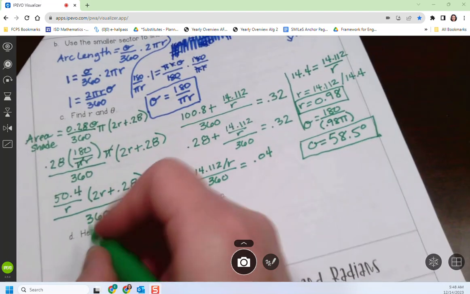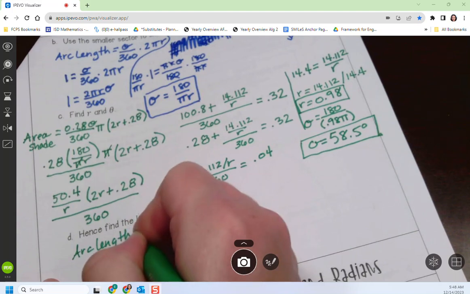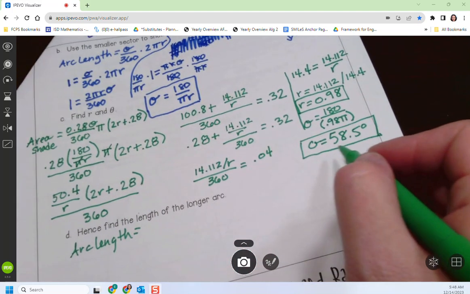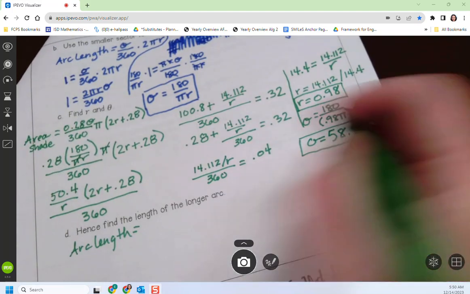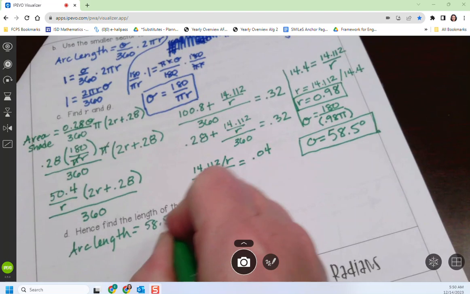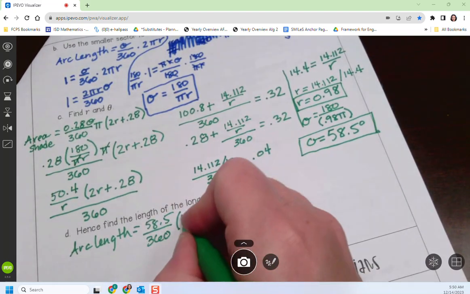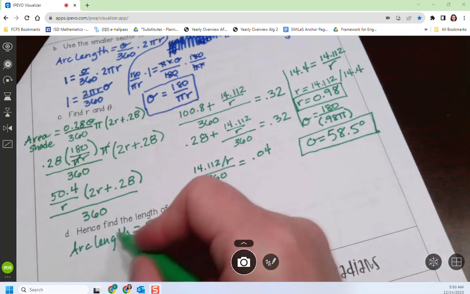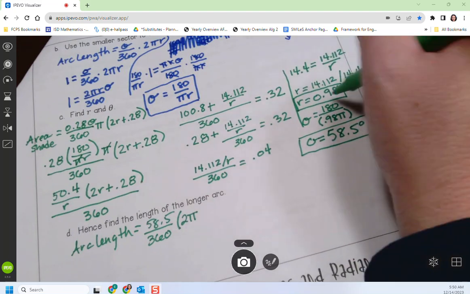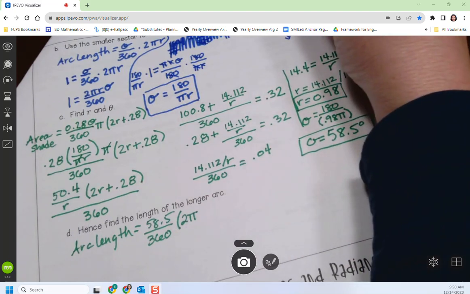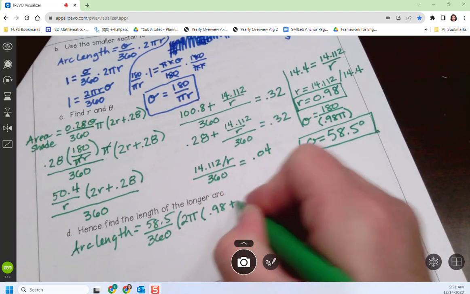So the arc length is equal to 58.5 degrees out of 360 times your circumference formula, 2 pi, and the longer arc is here, so we know that the short radius is 0.98, and then this piece here was 0.28, so we will add those 0.98 plus 0.28.